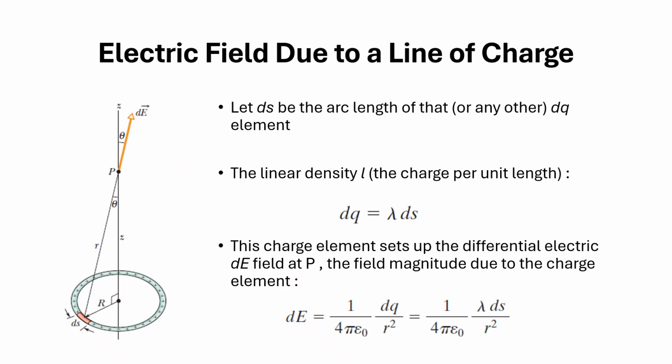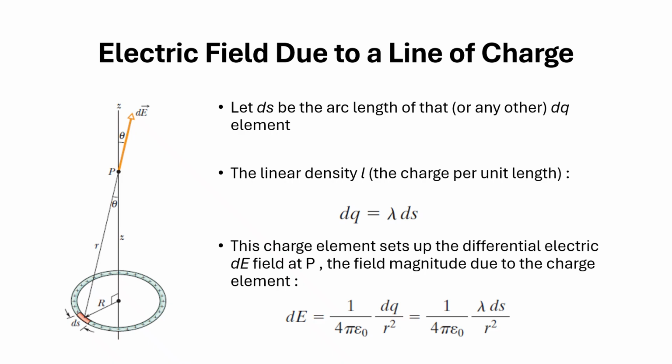Along this ring, you can see we have a lot of positive charge. Each arc length on the ring is given by ds. ds contains the quantity of charge that you want to measure.